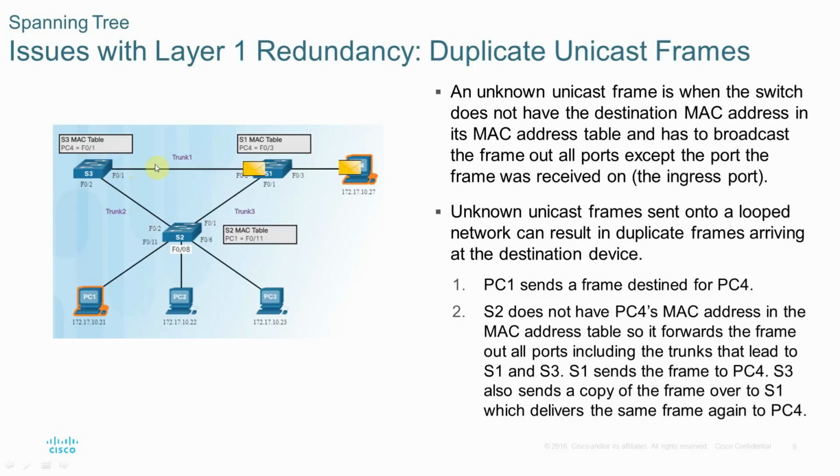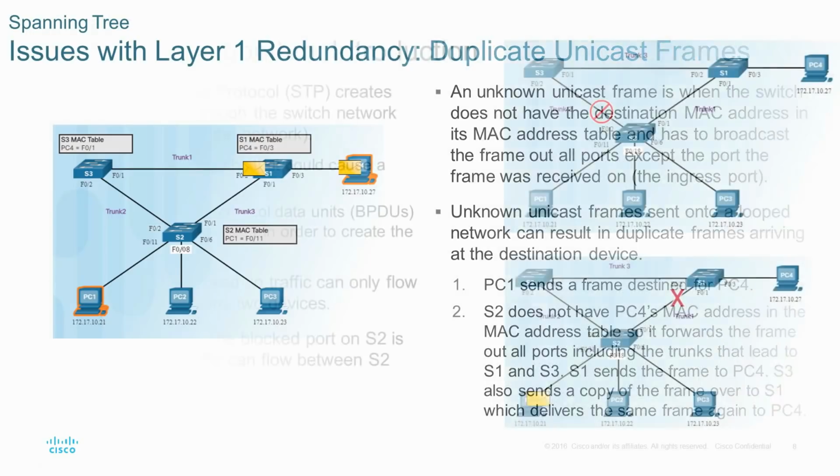Then switch 3 also sends the same frame here, and this frame will be forwarded this way, and once it receives an Ethernet frame from this link, it will again forward. It means the duplicate frame is going to be received by PC4. So it will deliver the same frame again and again to PC4.